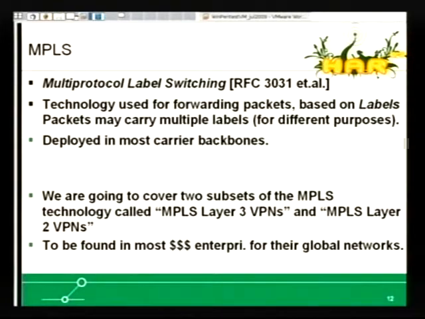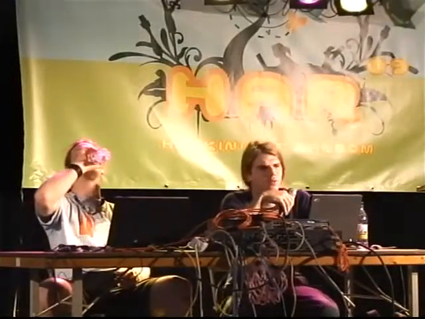Okay, thanks. MPLS is a technology defined in RFC 3031 and is used in provider backbones for labeling traffic to different sites, for example, and it's made for forwarding, for performance reasons. You don't have a normal routing table like for IP.